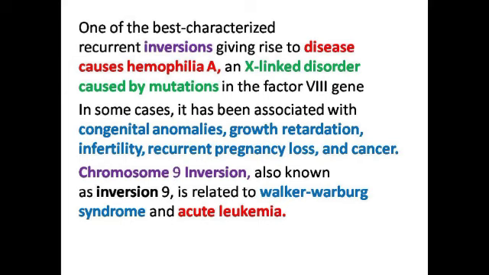One of the best characterized recurrent inversions giving rise to disease causes hemophilia A, an X-linked disorder caused by a mutation in the factor 8 gene. In some cases, it has been associated with congenital anomalies, growth retardation, infertility, recurrent pregnancy loss and cancer. Chromosome 9 inversion, also known as inversion 9, is related to Walker-Warburg syndrome and acute leukemia.